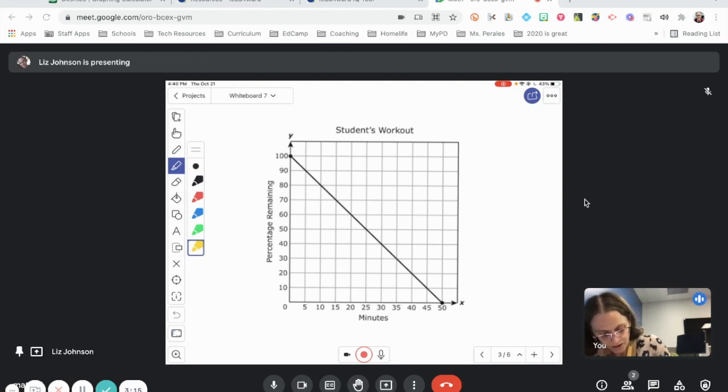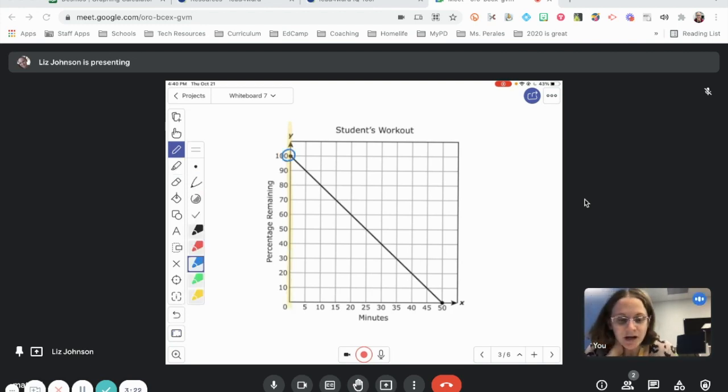Let me highlight my y-axis. That's what this 100 up here means. It means that before he started working out, he still had 100% of the way to go. So b equals 100 tells us something about his goal and where he started.